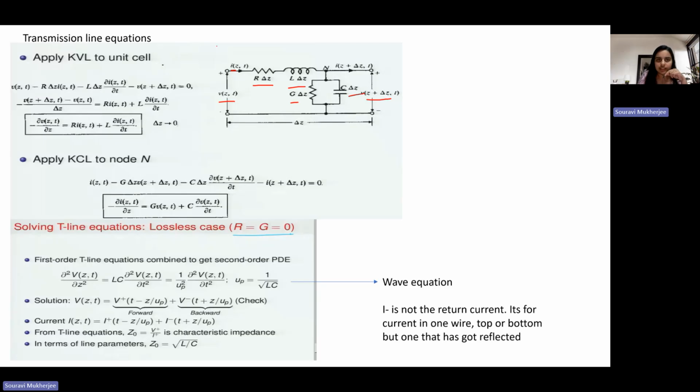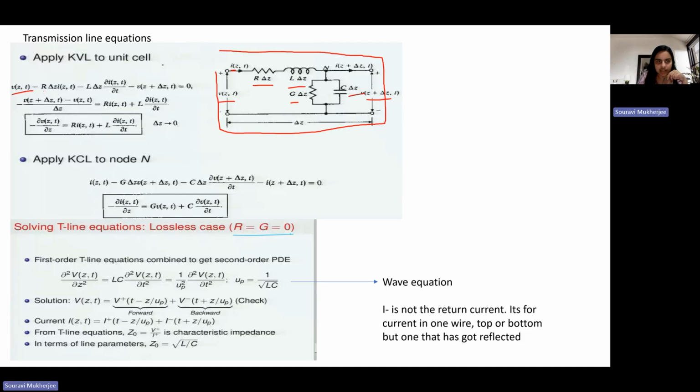So what you can do, you can consider a loop which goes like this, the bigger loop. Now look at the potential drops. So V of Z, t, that's what you start with.